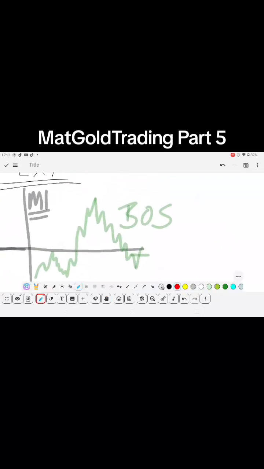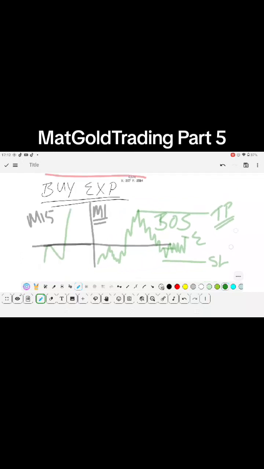Basically what's going to happen here is that sometimes, let's say it's ranging there, and then boom, you enter here, stop loss here, and your target right there. That'll be your target. So this is your stop loss, this is your entry, and this is your take profit.